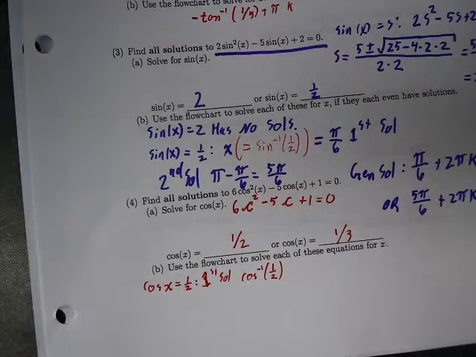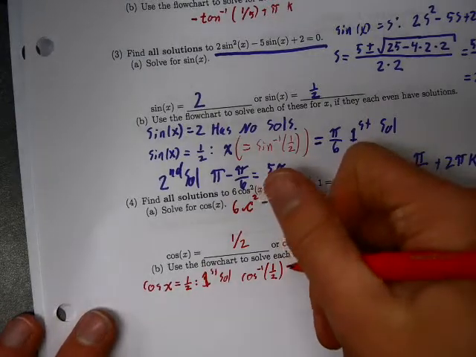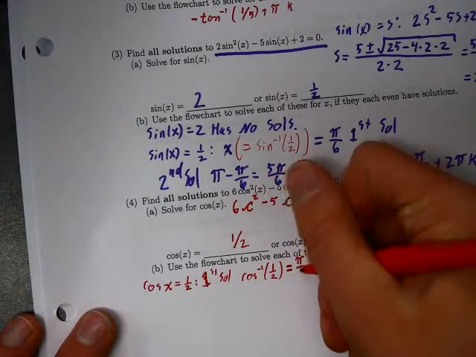Is inverse cosine of a half a number that you know? Is that an x value that you see on the unit circle? What angle does it correspond to? Pi over 3. So our first solution is in fact totally explicit. It's pi over 3.